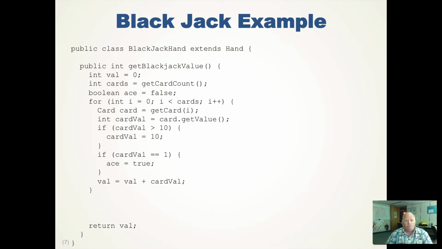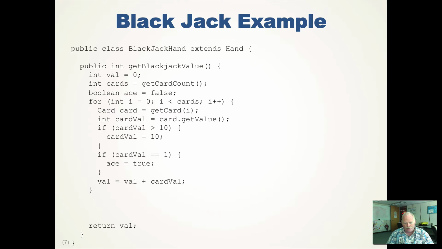And then we want to loop over all the cards in our hand, and so we go from i equals 0 to i less than the number of cards. We then call getCard, which is another method on Hand that returns the card at position i. So we get the card, we then call card.getValue to get the numerical value of the card, and aces are 1, 10s are 10, jacks are 11, queens are 12, and kings are 13.